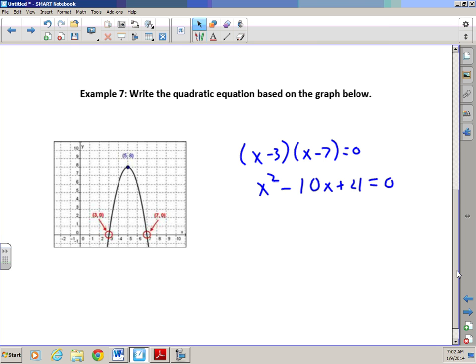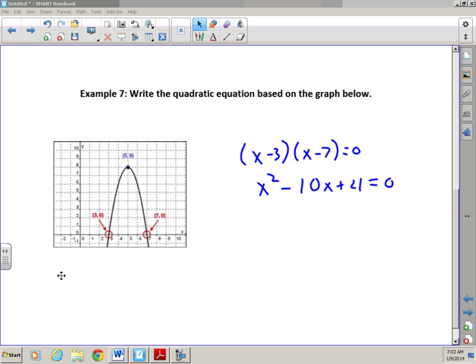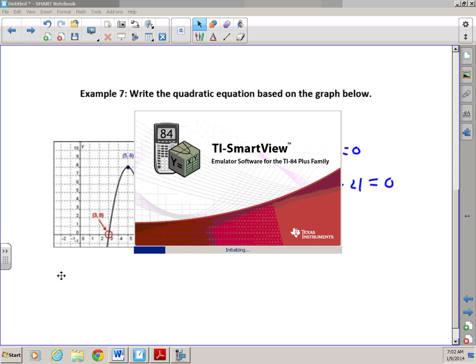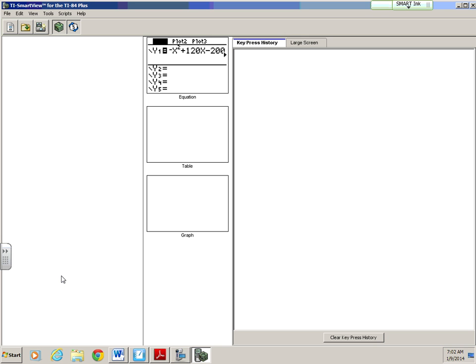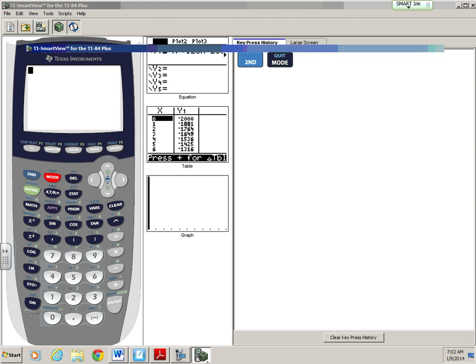And if I put in this equation into my graphing calculator, what I want to do is check that my vertex is 5, 8. Now, and I'll do one other thing before that. While the graphing calculator is coming up. Should have had that loaded beforehand, but best laid plans. Alright, so let's just quit out of this for a moment. Let me just minimize that.